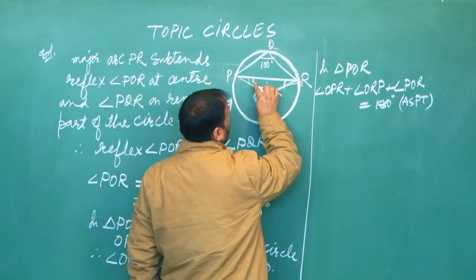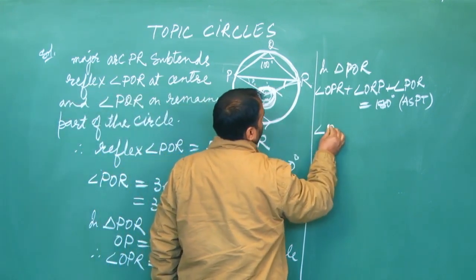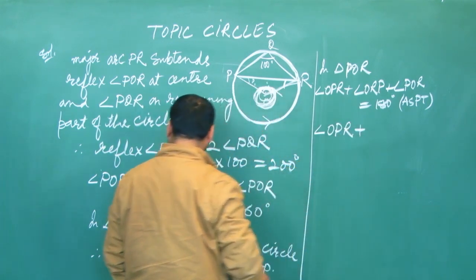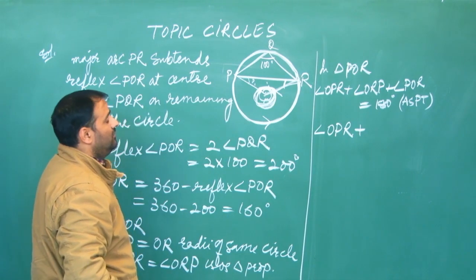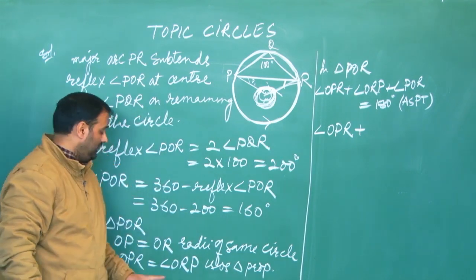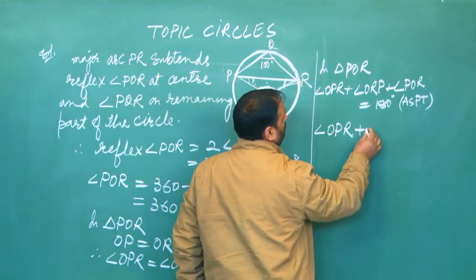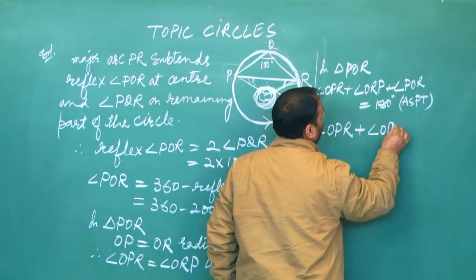Because we need to find the measure of OPR, keep it as it is. And instead of angle ORP, we can write OPR, because we have already proved that angle OPR is equal to angle ORP.